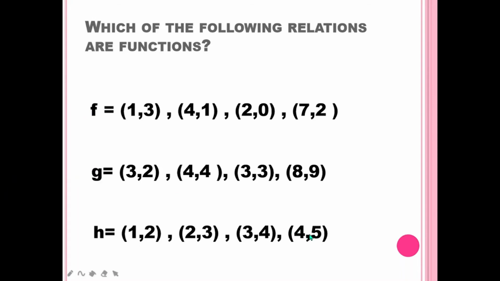So therefore, this set of relations is a function. I hope that is clear. I would like to repeat: to easily determine whether the relation is a function or not is by simply looking if each first element is used only once in the given set.